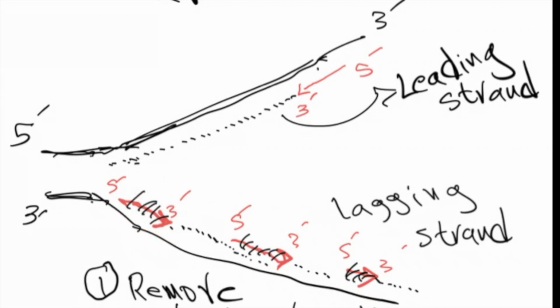So then at the end, you're going to remove, as we said, these RNA primers, and then DNA polymerase is going to fill in the gap, and then DNA ligase is going to join them. Ultimately, also at the end, the cell is going to remove these RNA primers also from the other strand as well.